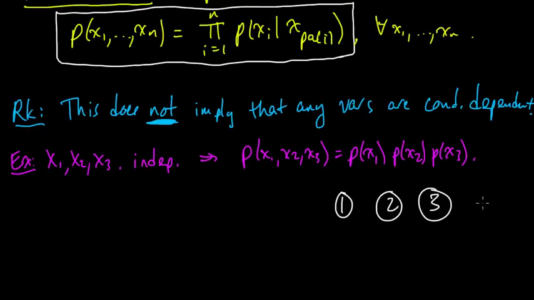So if this graph was G, and we call X the vector x1, x2, and x3, then X respects this graph.